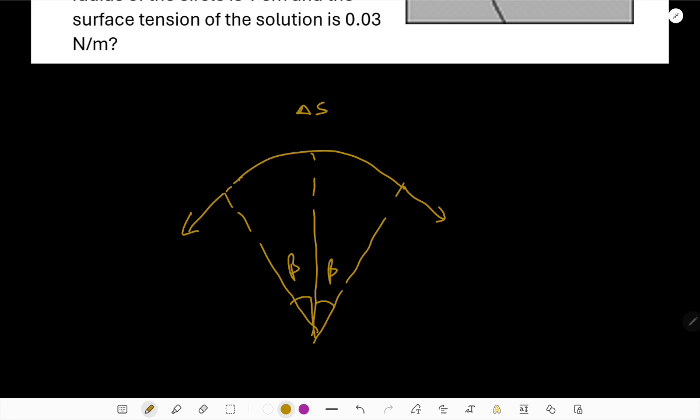What I did, I showed you. The thread is in equilibrium, so the tension generated in it is going to be balanced by the force of surface tension.